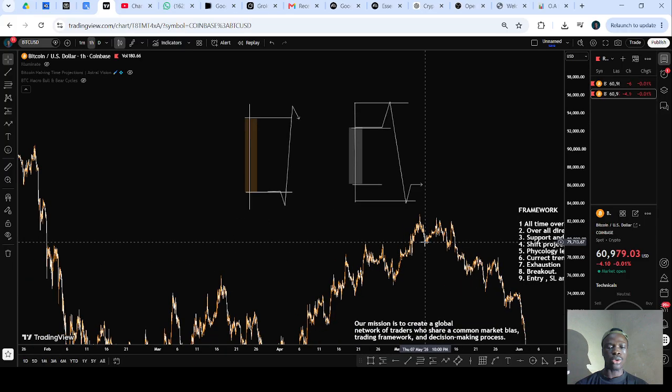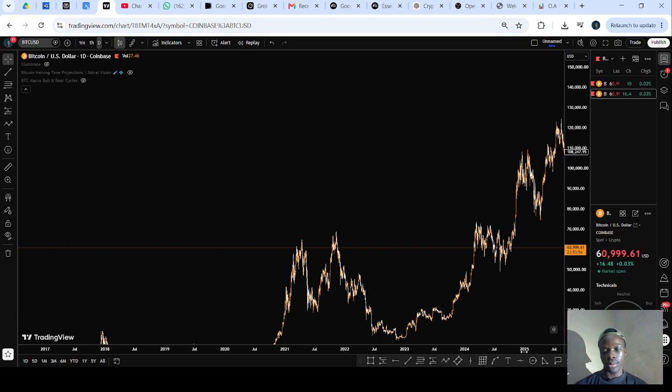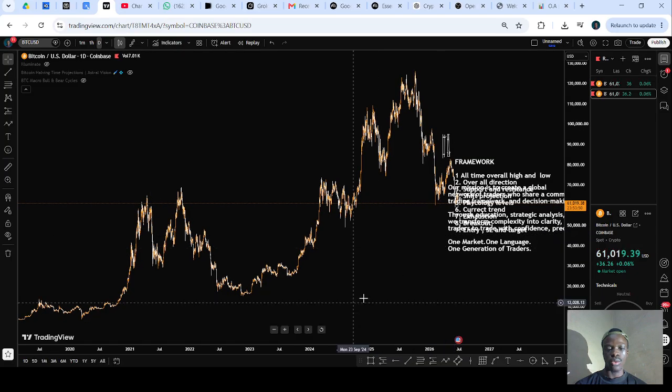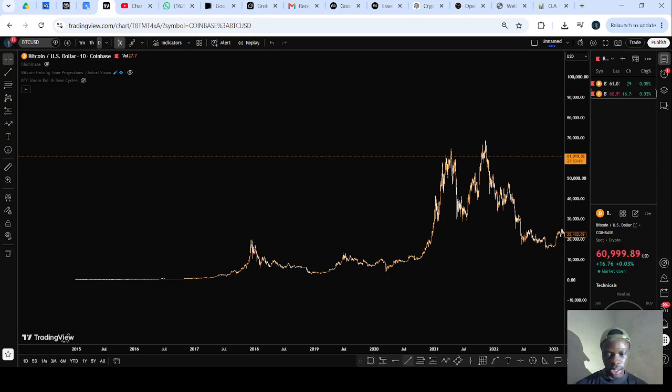Now, when we want to talk about the all-time high, we will go to the daily time frame. Now this is the daily time frame. What we want to see here is the highest point price has been to, and this is the lowest point price has been to.